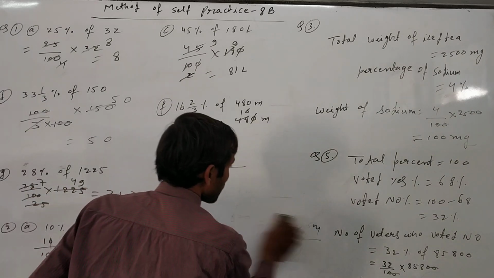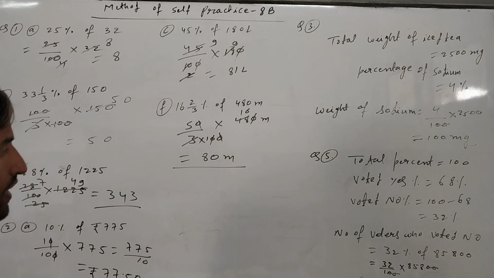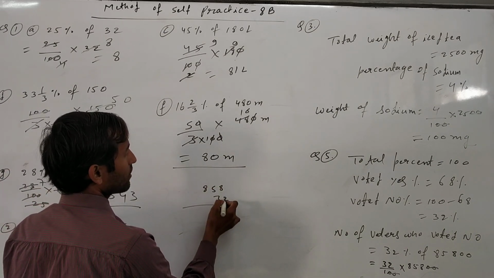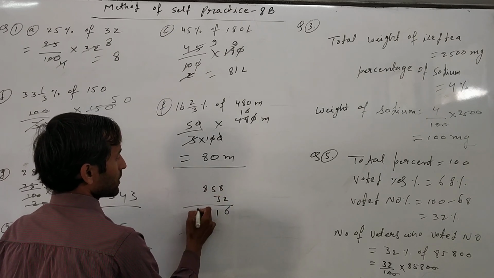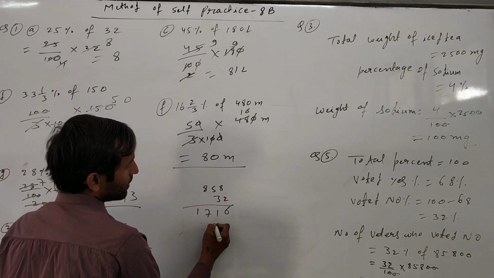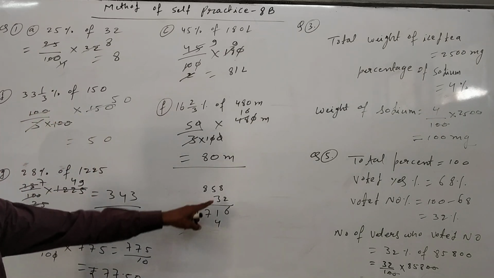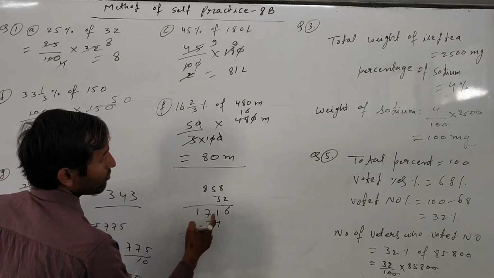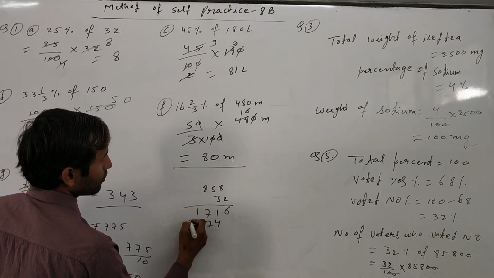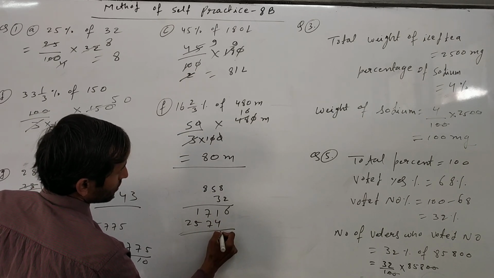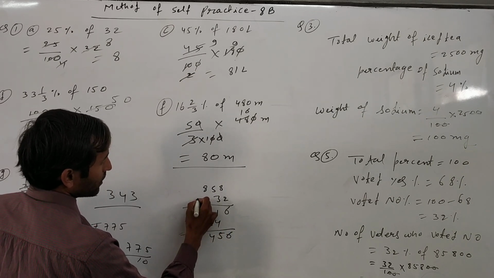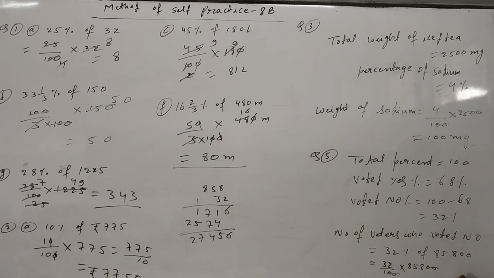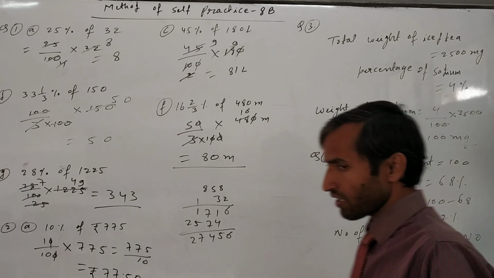So we multiply 858 by 32. 8 twos are 16, carry 1, 5 twos are 10, 11, carry 1, 8 twos are 16, 17. Again 8 threes are 24, carry 2. 5 threes are 15, 15 plus 2 is 17, carry 2, 8 threes are 24, 26. Adding, it will come 27,456. So this many people voted no.